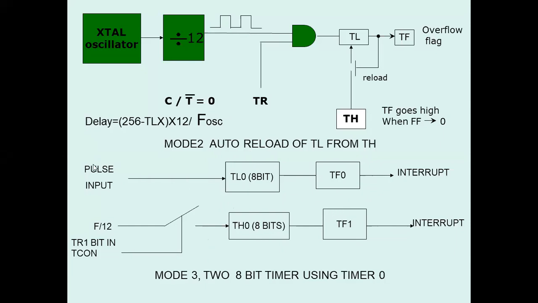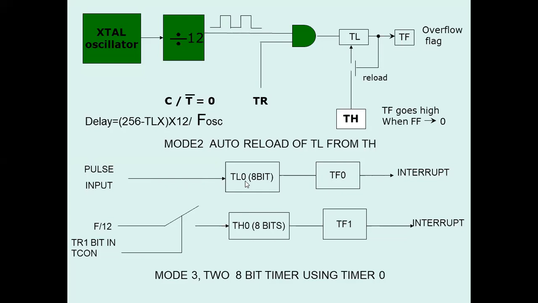Because when TL0 overflows, TF0 is set, and TF0 is related to timer 0.